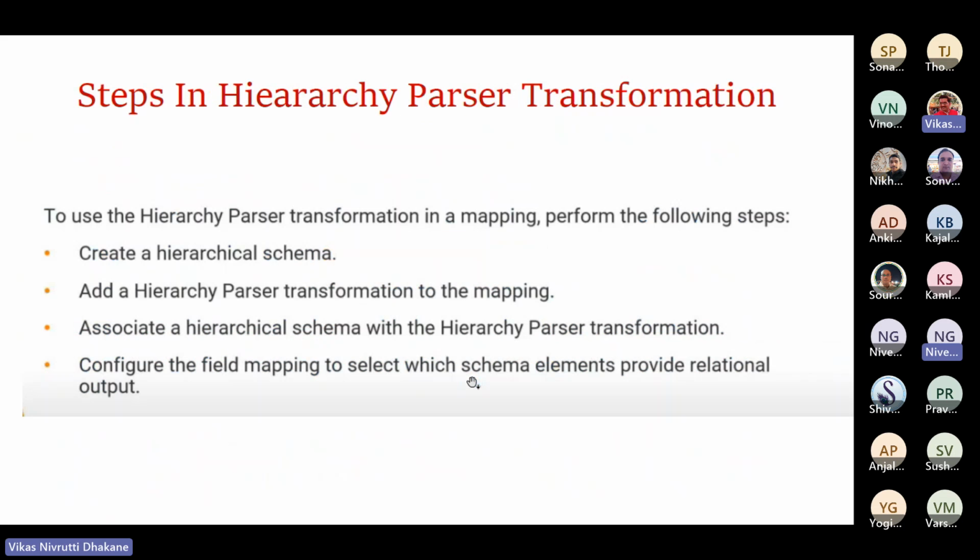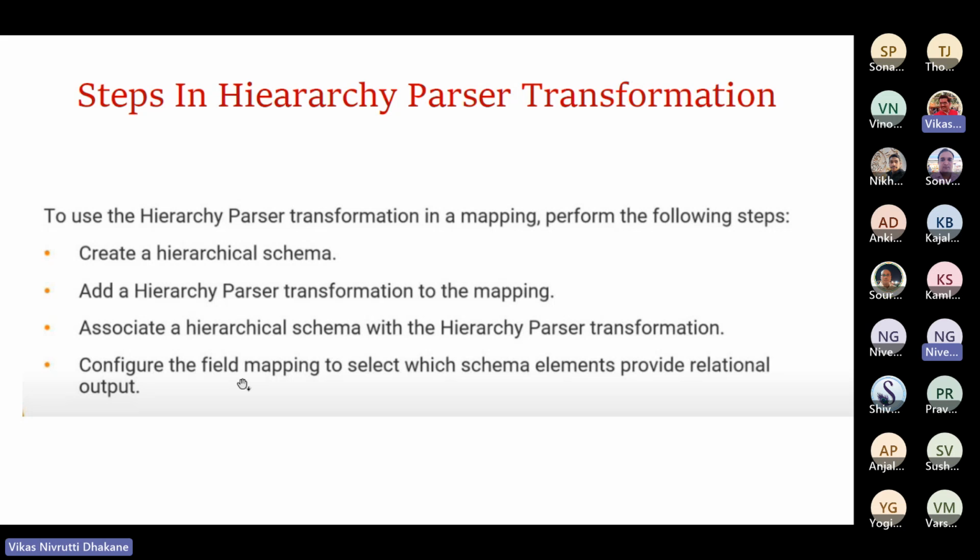Now let's see the different steps, and we will apply the same steps practically to create this hierarchy parser transformation. As I said, the first step is creating the hierarchical schema, and to create it, we need the XSD file that I will show you. Second, adding that hierarchy parser transformation into the mapping. Then associate the hierarchical schema with the hierarchy parser transformation, meaning we add the schema that we created into the transformation.